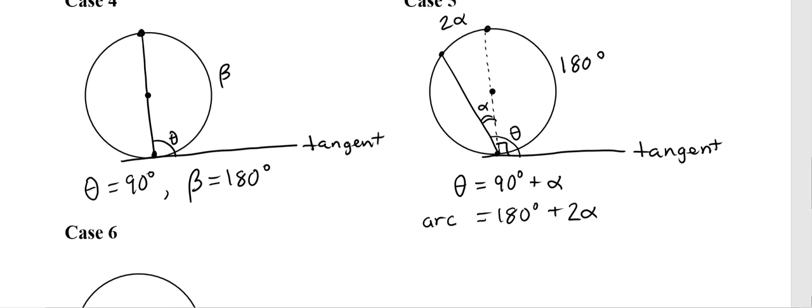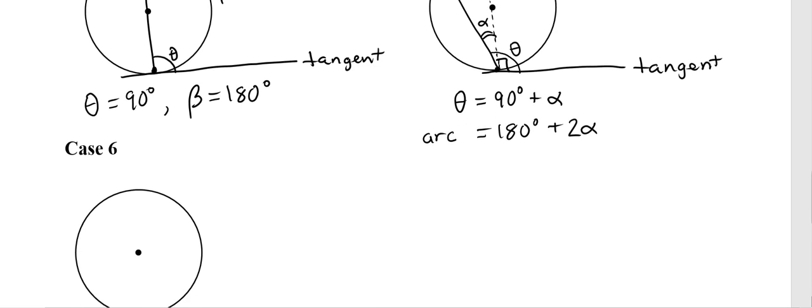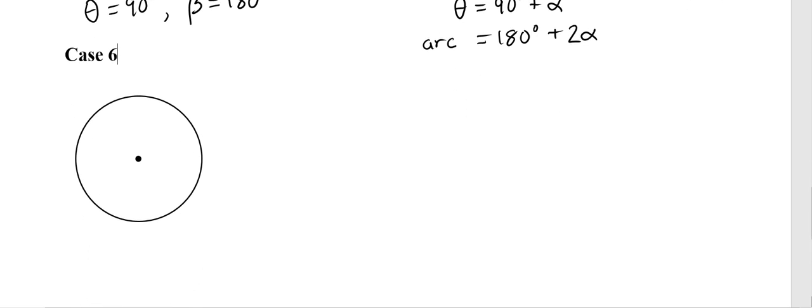So one more case to consider. What if we have an inscribed angle made up of a chord like this and a tangent line like this? Let's call that angle theta. So the arc it intercepts runs from this point of tangency along the right side here to this point on the chord.